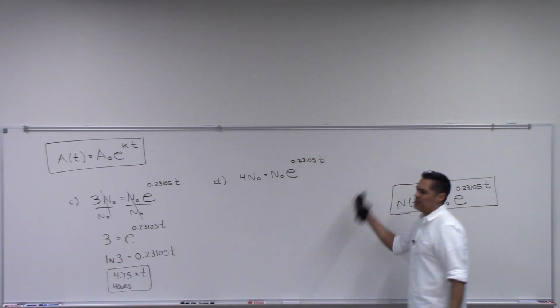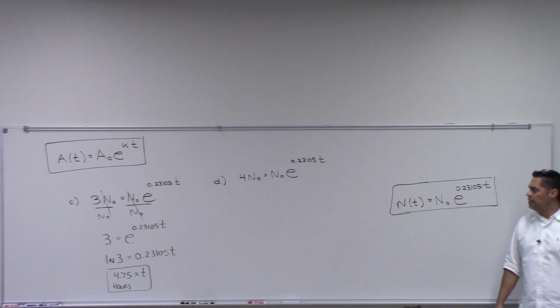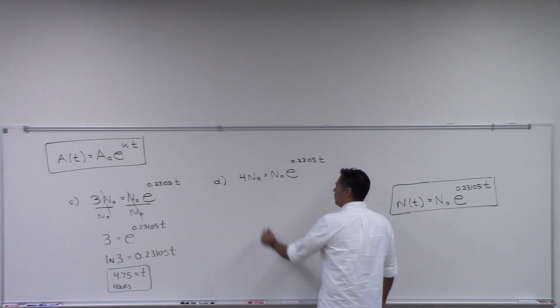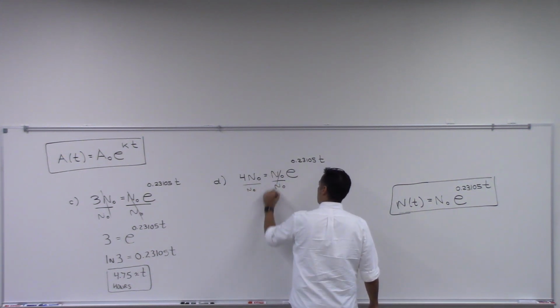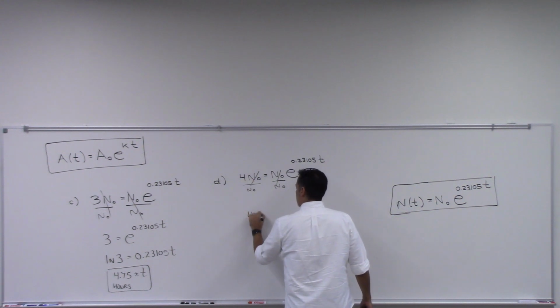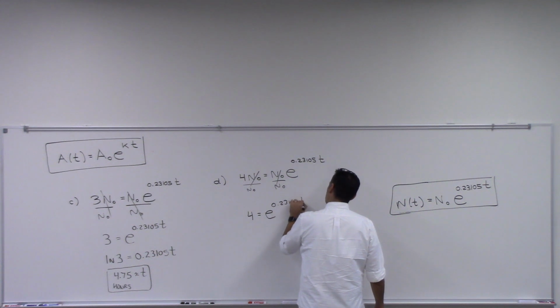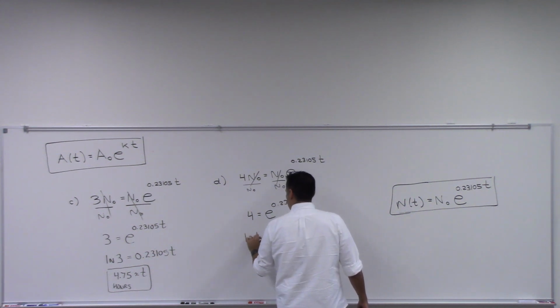And then we're just going to play that same game, right? Divide by N naught. You'll get a 4 on the left-hand side. Four equals e to the 0.23105t. Change this to a natural log.